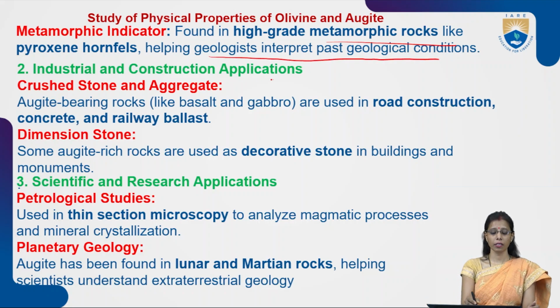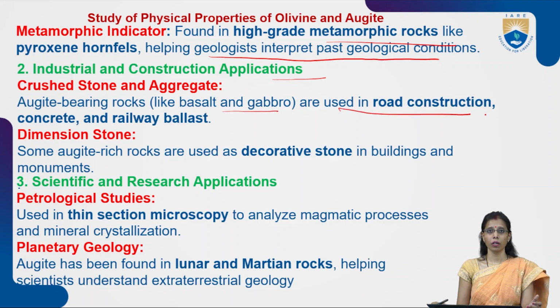In industrial and construction applications, as crushed stones and aggregate, augite bearing rocks like basalt and gabbro are used in road construction. These rocks are used as material in road construction, in concrete, and even in railway ballast.